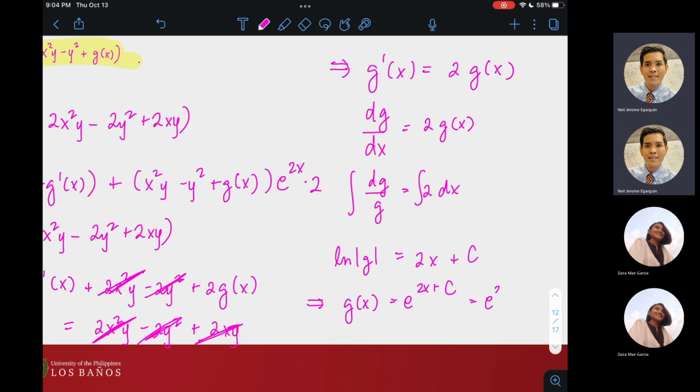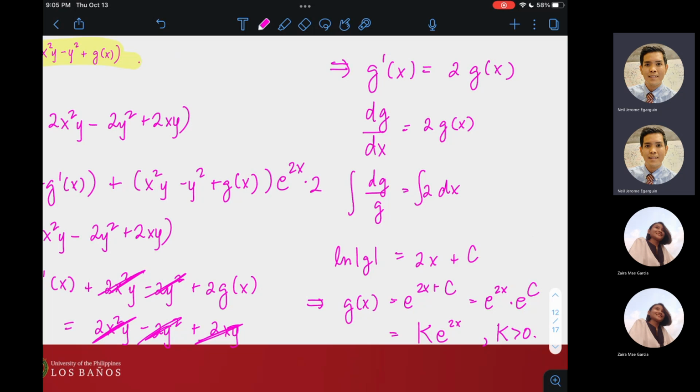Or I can write it as e to the 2x times e to the c, law of exponents, but c is an arbitrary constant, so e to the c is just a constant, but we don't know what the exact value of c or e to the c is. So pwede ko na lang itong isulat na k times e to the 2x, where k is a positive number. Okay? And I guess now we have fully satisfied our answers.